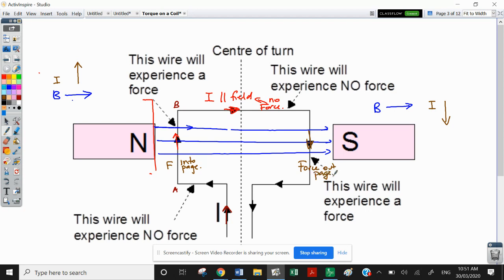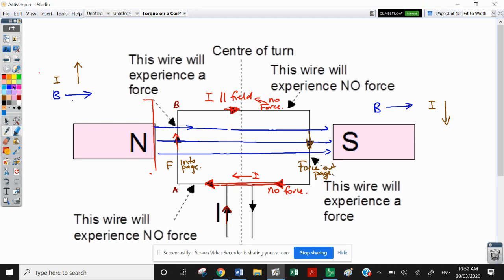The current in this wire here, as it first comes in and is on the way out, is once again running parallel to the field, and therefore, once again, no force. So we have two forces only.